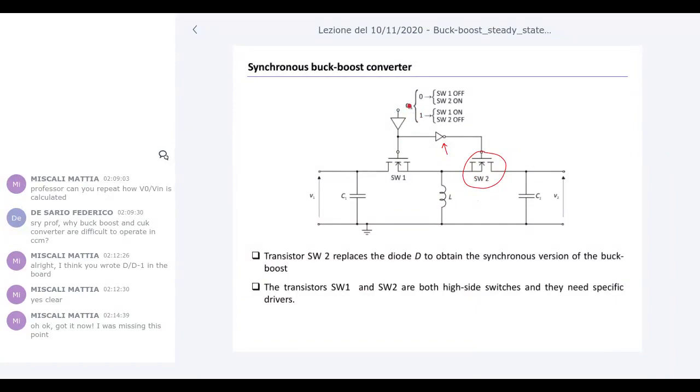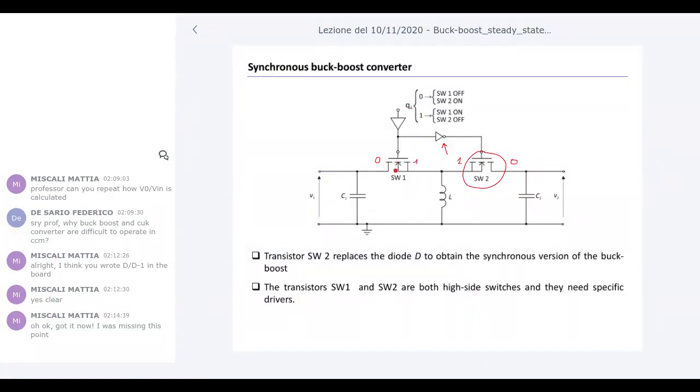So when the unitary switching function, the logical signal provided by the driver, is null, it means that you have 0 here, but you can have 1 here. So switch 1 is off, switch 2 is on. When QA is 1, it means that you have 1 here, but you should have 0 here.